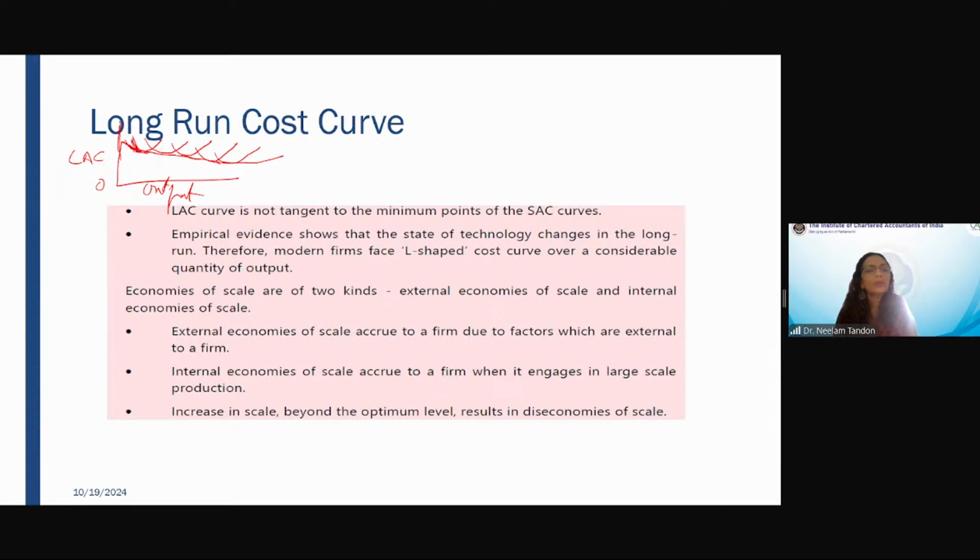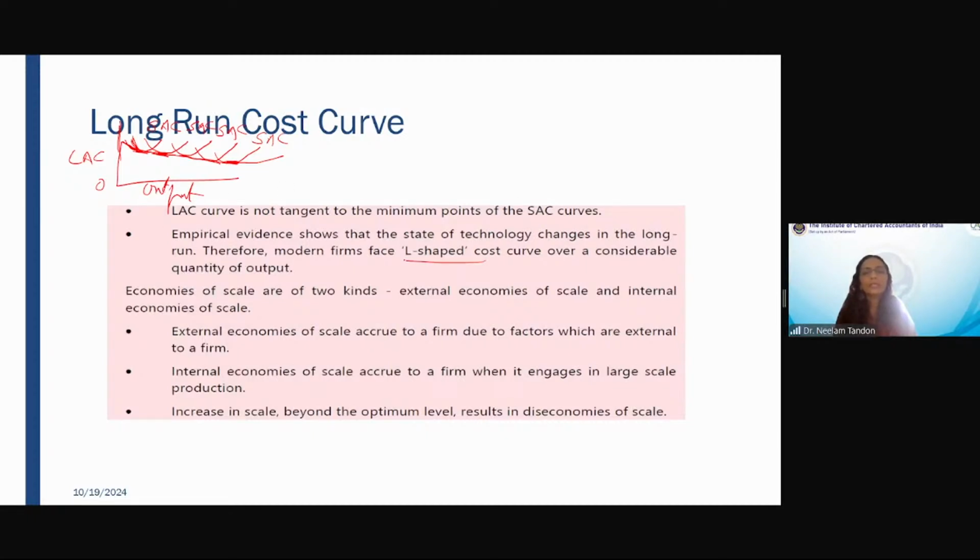Ideally, it should be here, no? So this is tangent to the minimum point of SAC curve. Here it is tangent. Here it is tangent. Here it is tangent. And here it is tangent. And these are different SAC curves.